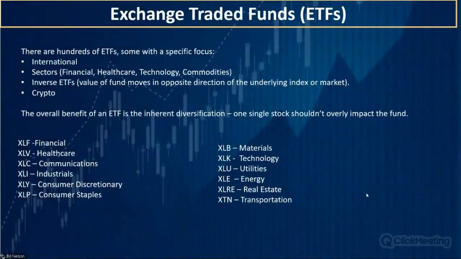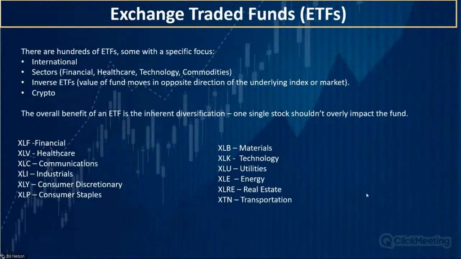So there are hundreds, if not thousands, of exchange traded funds, ETFs, and some of them have a specific purpose. You can invest in ETFs that are global or strictly international, strictly Europe, strictly Asia, strictly Japan, for instance.